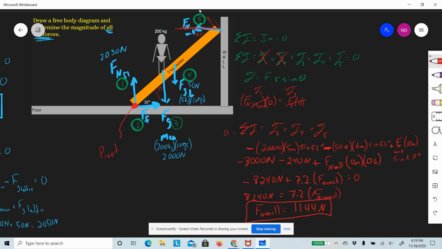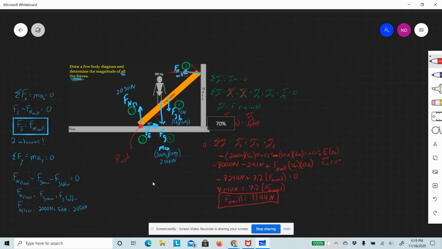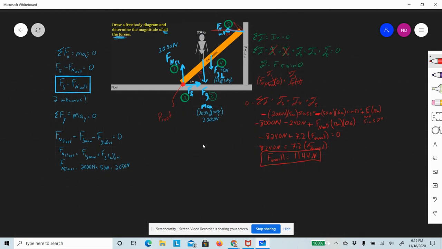Now, big deal. We've got that. That's nice to get, because we already had the forces in the y. Now we know the normal force from the wall. That's got to be the friction force. They have to equate, from summing all the vertical forces.